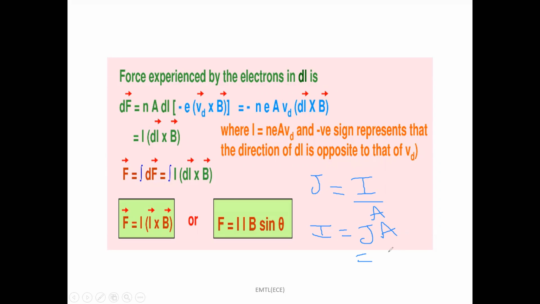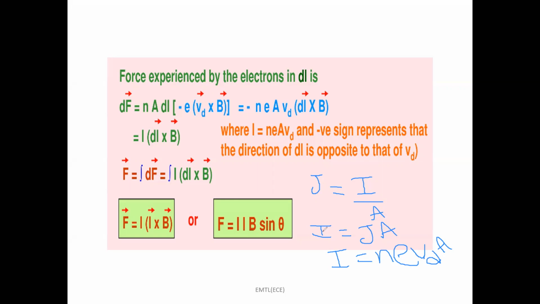Now the expression of current density in terms of drift velocity, according to classical mechanics, is n e Vd. Once again I repeat, J is called current density, which is current per unit area.